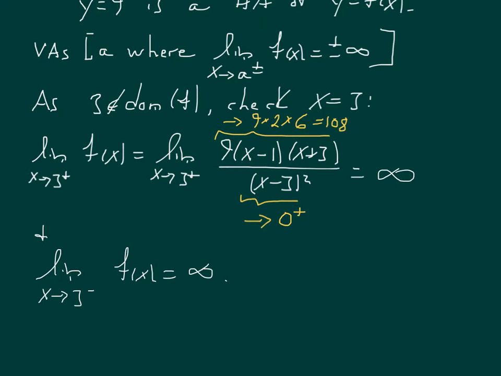Alright, so let's put this on. What do we have? We definitely have now that x equal to 3 is a vertical asymptote, because as x tends to 3 from either the left or the right, f of x tends to infinity.